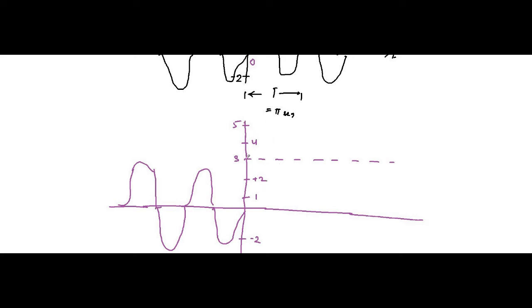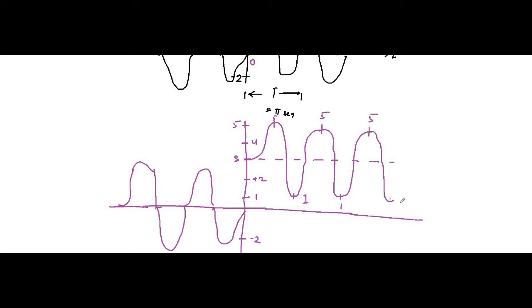It will start from 3, peak value 5, then like this. The minimum value now is 1, maximum value is 5.